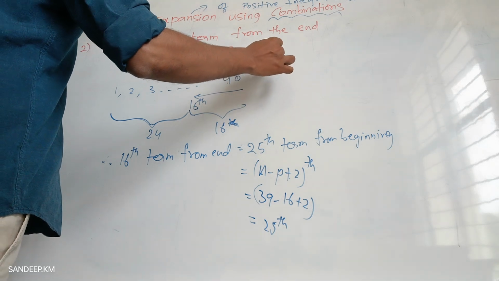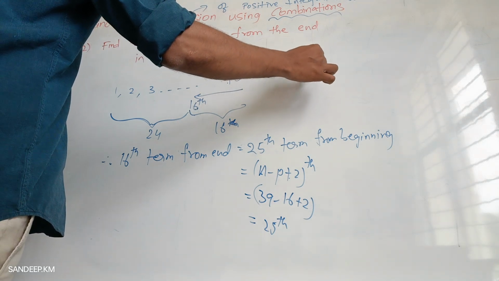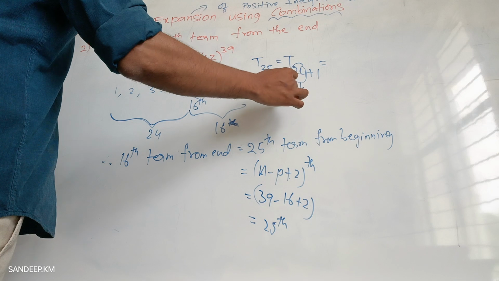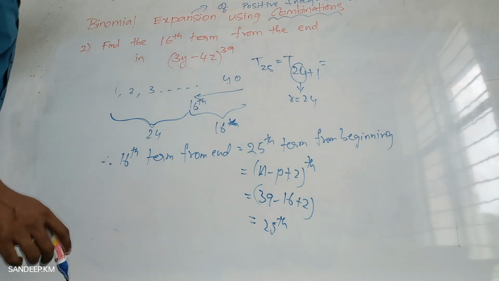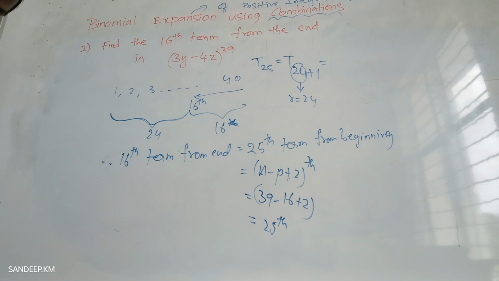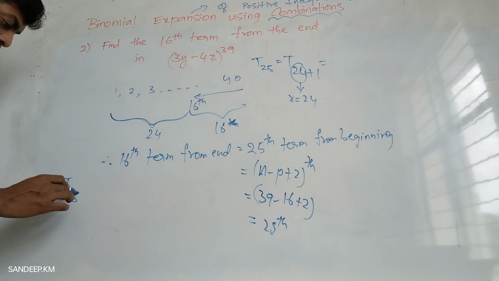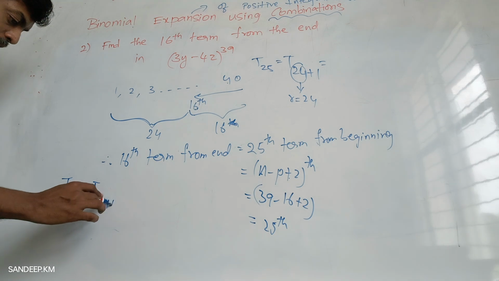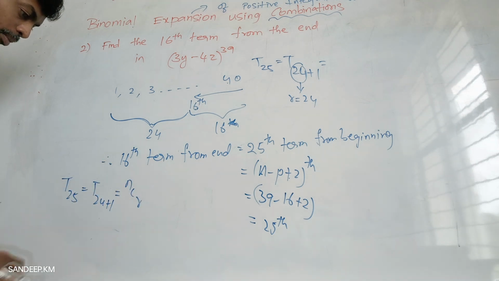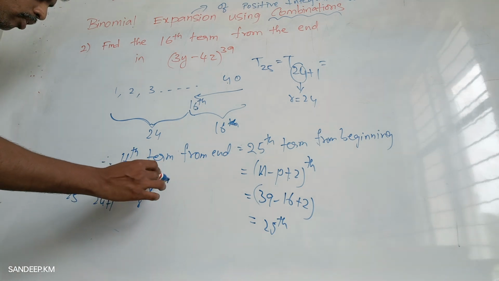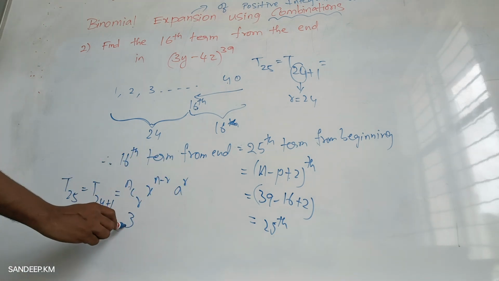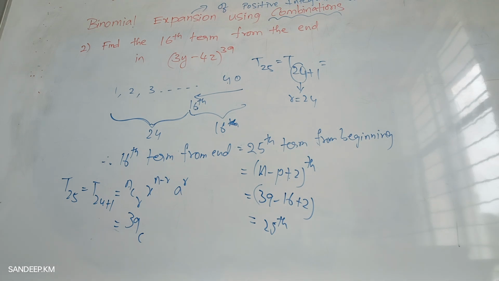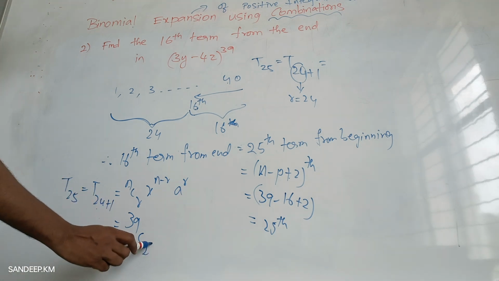So the 25th term is equal to T24 plus 1, where the r value is 24. So what is the formula first? Let us write the formula. T25 is T24 plus 1, which is, first let me write the formula: nCr x power n minus r into a power r. N is the index, which is 39. 39C, the suffix r is 24.